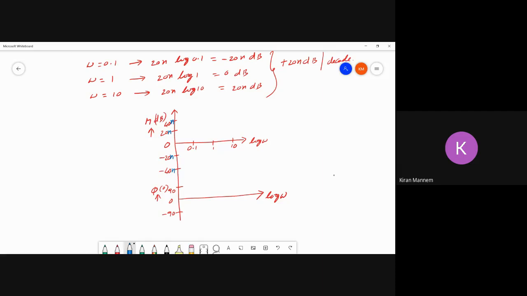Right. So let us put the point here, then it is 0 dB, and then plus 20n. So again, it is a straight line.